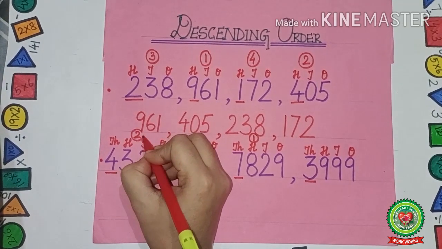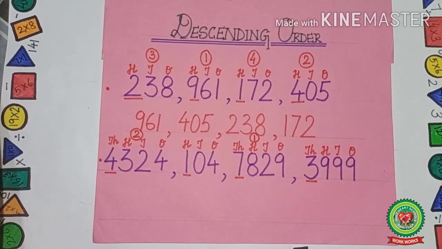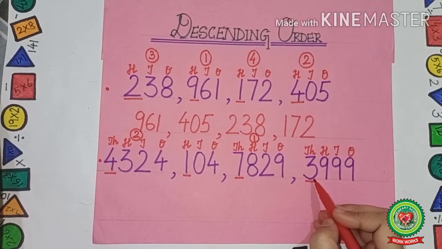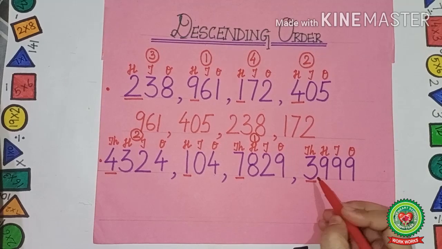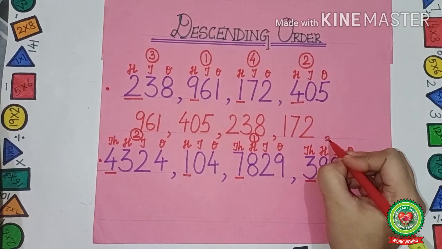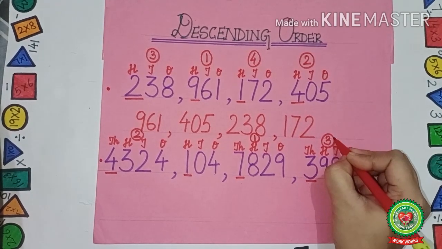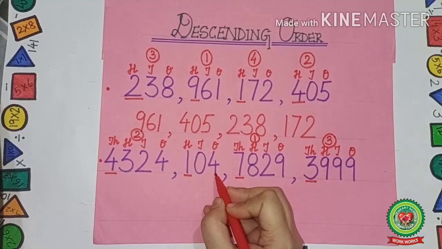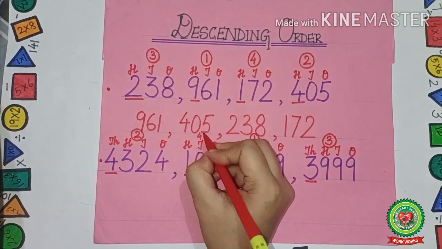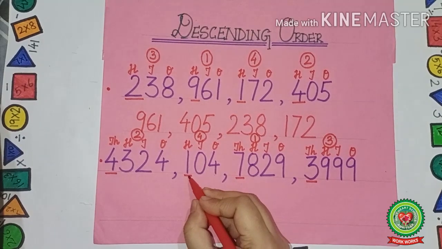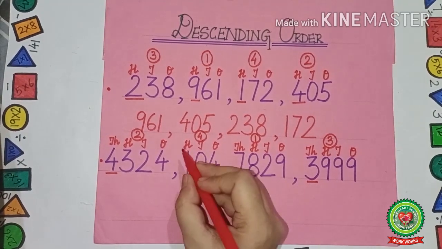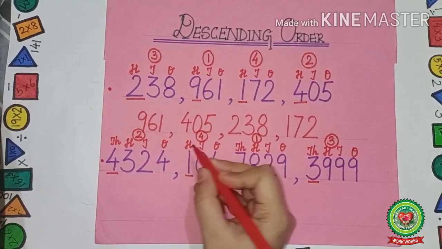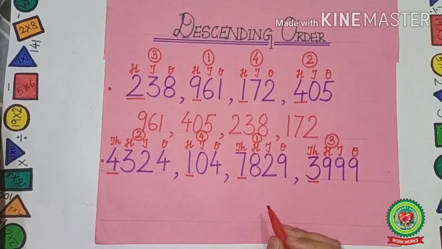So we will write over here 2. Next is 1 and 3, which is the biggest? 3 is the biggest. So we will write over here 3. That means it is the third in the order. And this one, 104, will be the fourth in the order. Its first digit is small and it is going till the place value of hundreds also. So in either way it is the smallest number.